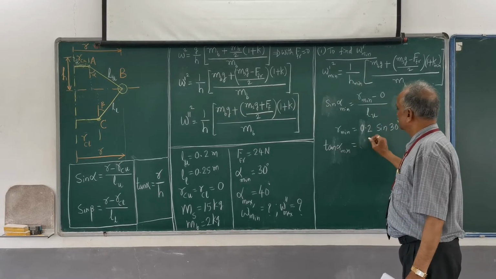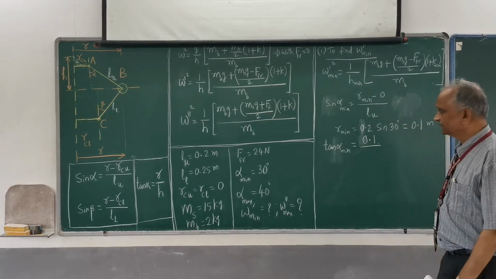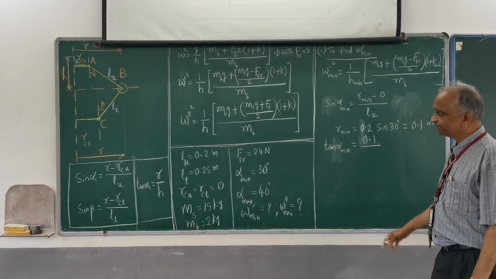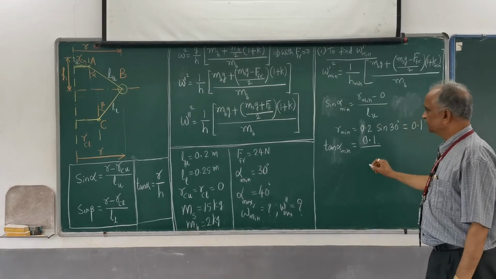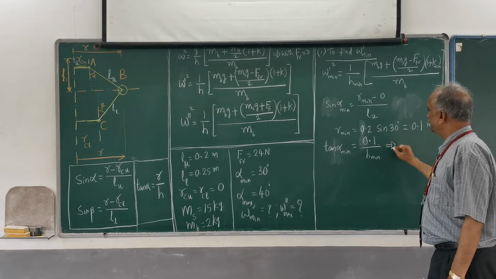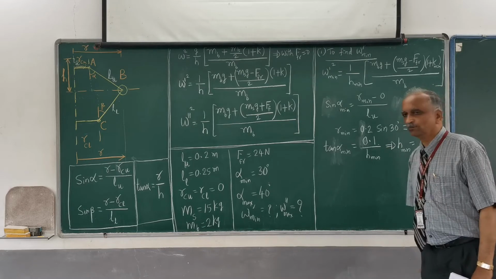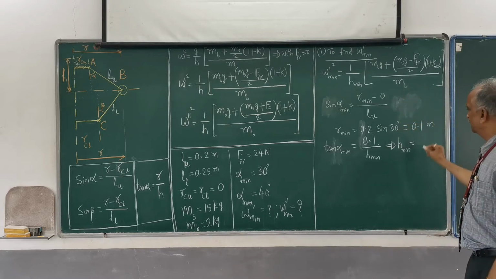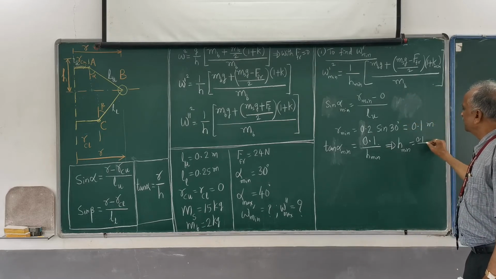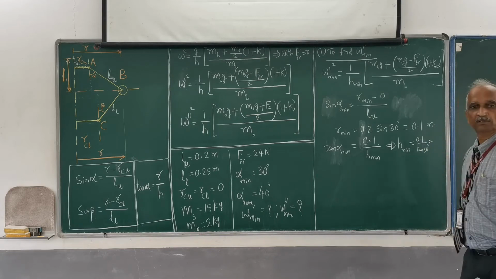R minimum is nothing but 0.1, as we have already found, divided by H minimum. So from this we find H minimum. H minimum is equal to 0.1 divided by tan 30. How much? 0.173.